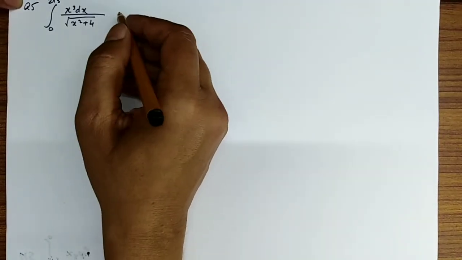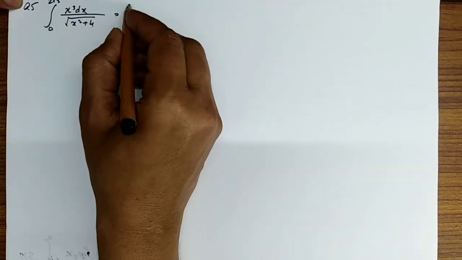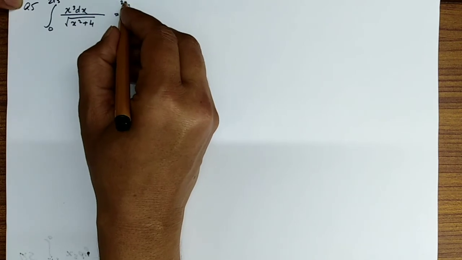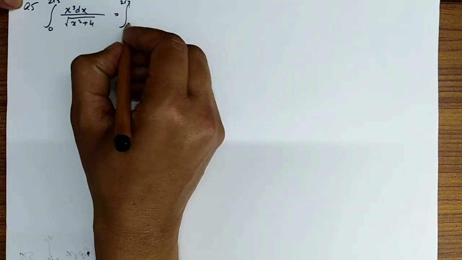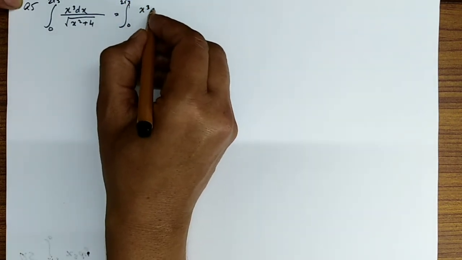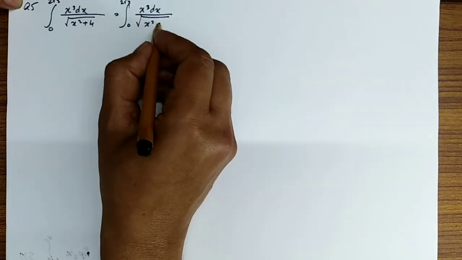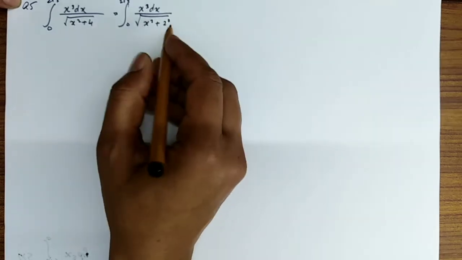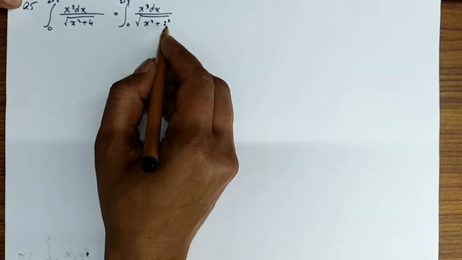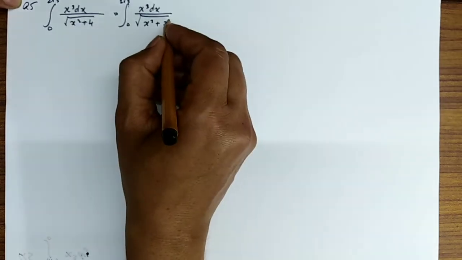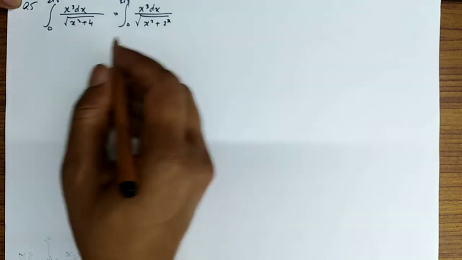Okay guys, using the substitution method, let's just change a little bit the form of the question: the integral of x cube dx upon root of x square plus 2 square. Now here we have the value of a is 2, this is 2 square.